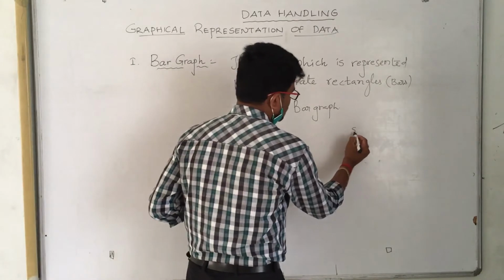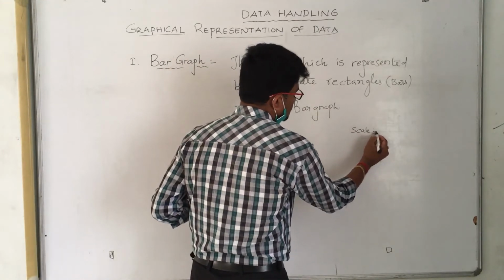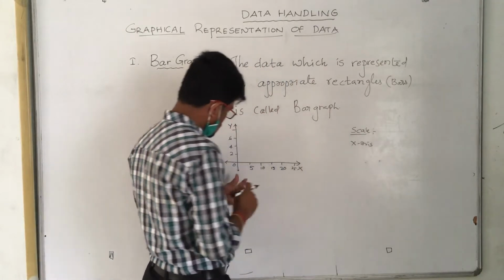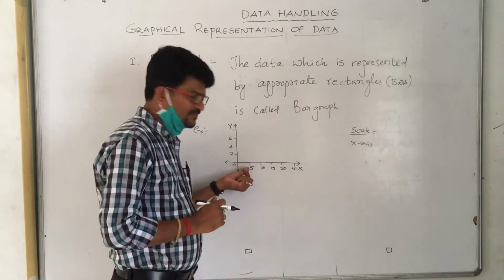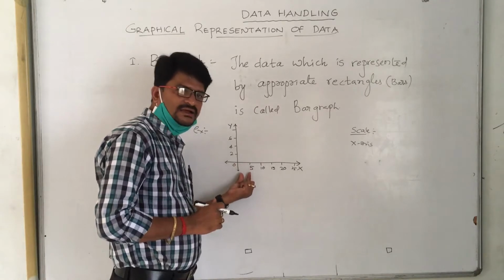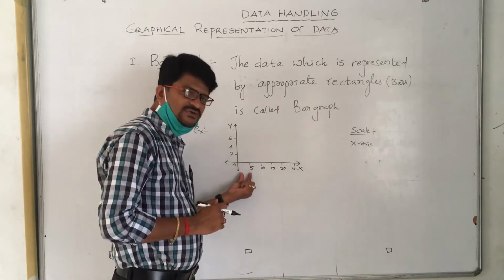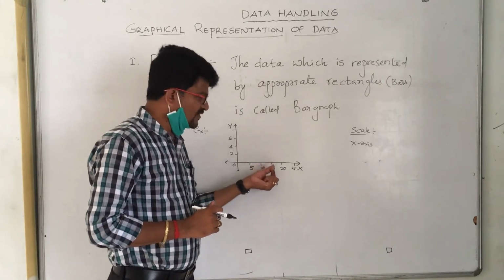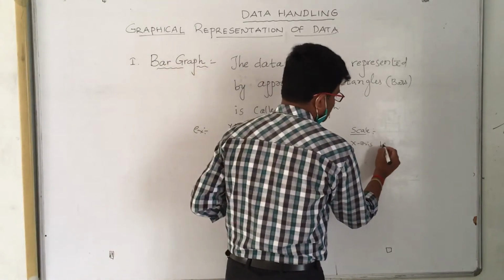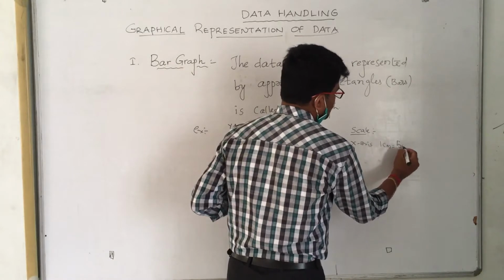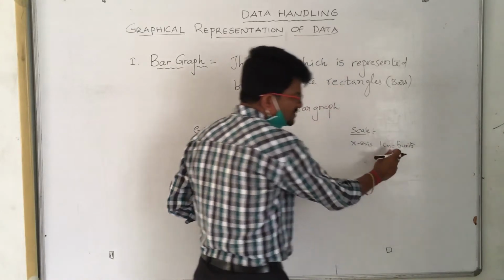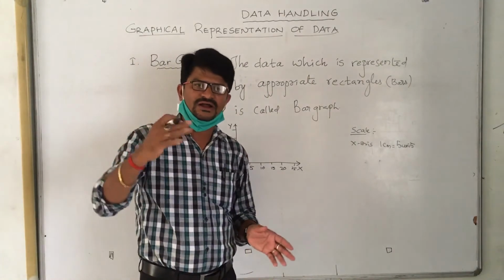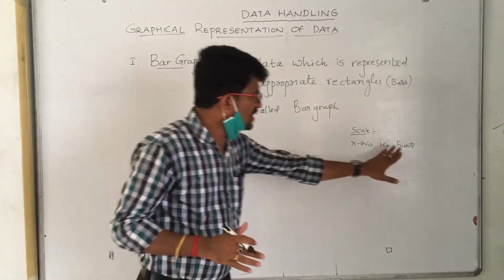I'll write here scale. What is scale here? On the x-axis, from here to here is 1 unit. 1 centimeter is equal to how many units here? 5 units. Is it clear, children? Here 5, here 5. Therefore, 1 centimeter is equal to 5 units. Units means you can use either person or flower or whatever article or whatever number. 5 units here.